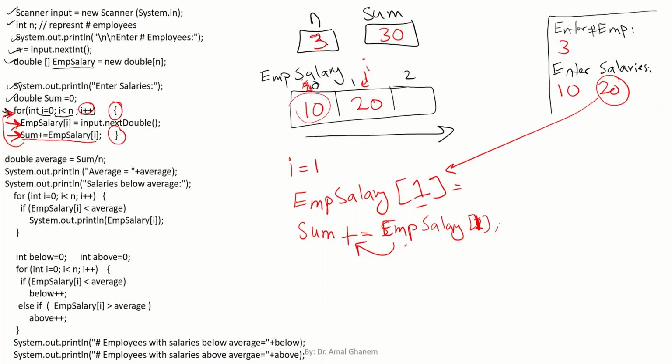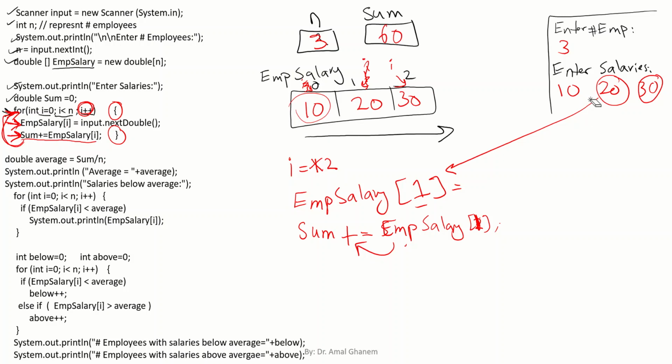Again, we will continue with the same thing, and I will increment I, so the value of I this time will be 2, which means I will be moving to the last location. And if the user says the value is 30, it means this 30 should be saved in this location, and this value will be added to the sum. So here 30 plus 30, we should have 60.